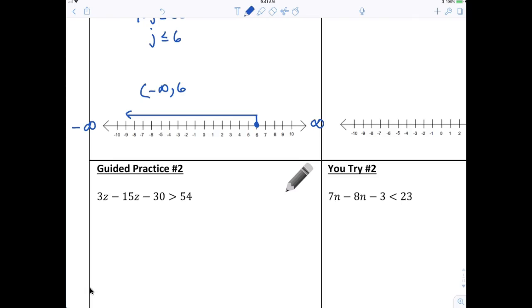Now, when I stop at 6, it's going to be a bracket, not a parentheses. The reason why it's a bracket, you've got to listen, is because it's equal to. If it was just less than, it would be a parentheses. Everybody with me? Do you have any questions with the interval notation or solving that inequality?